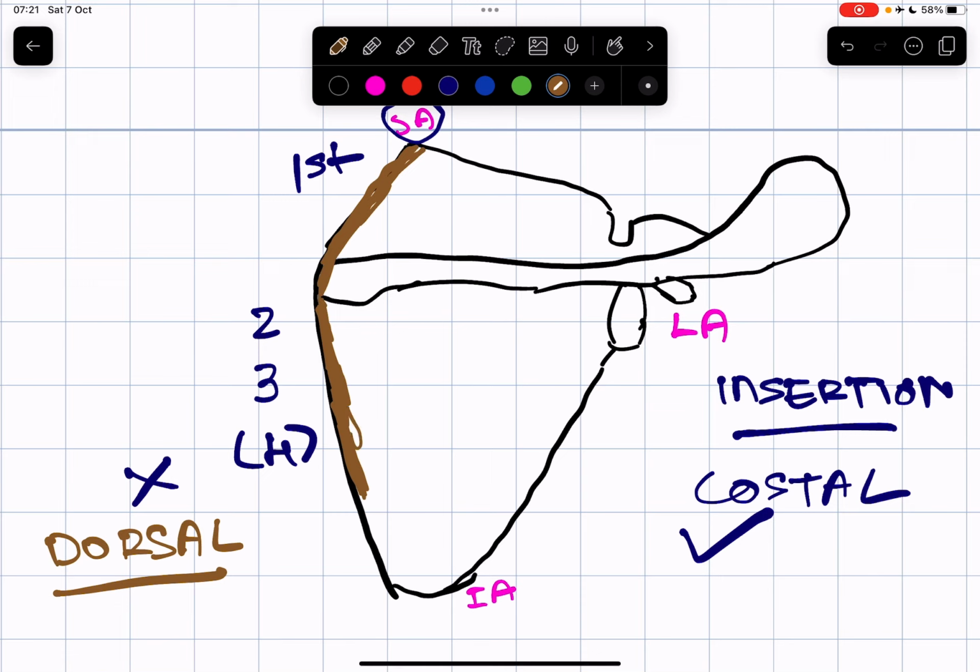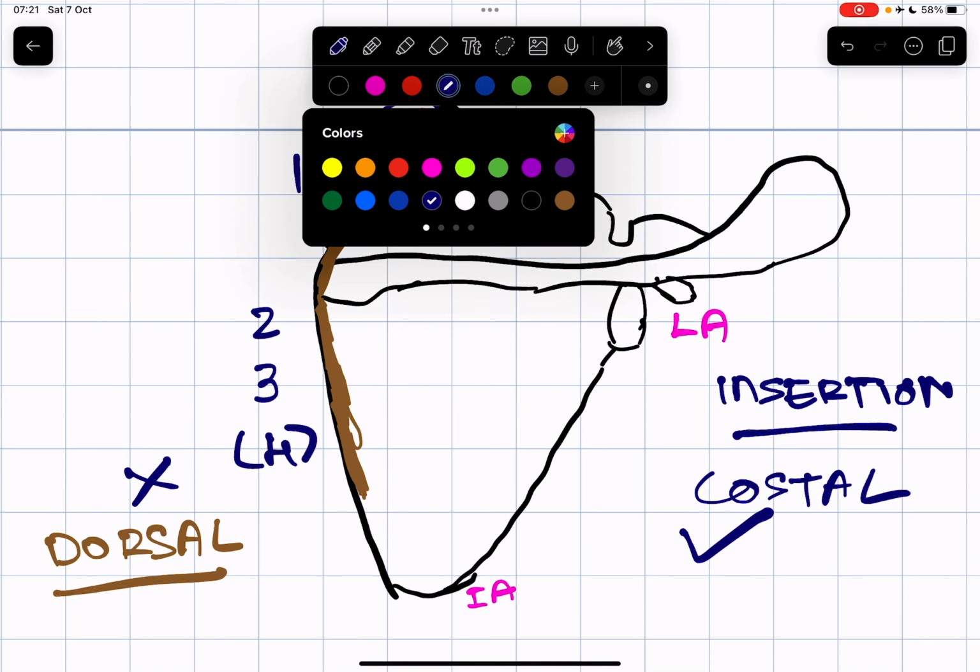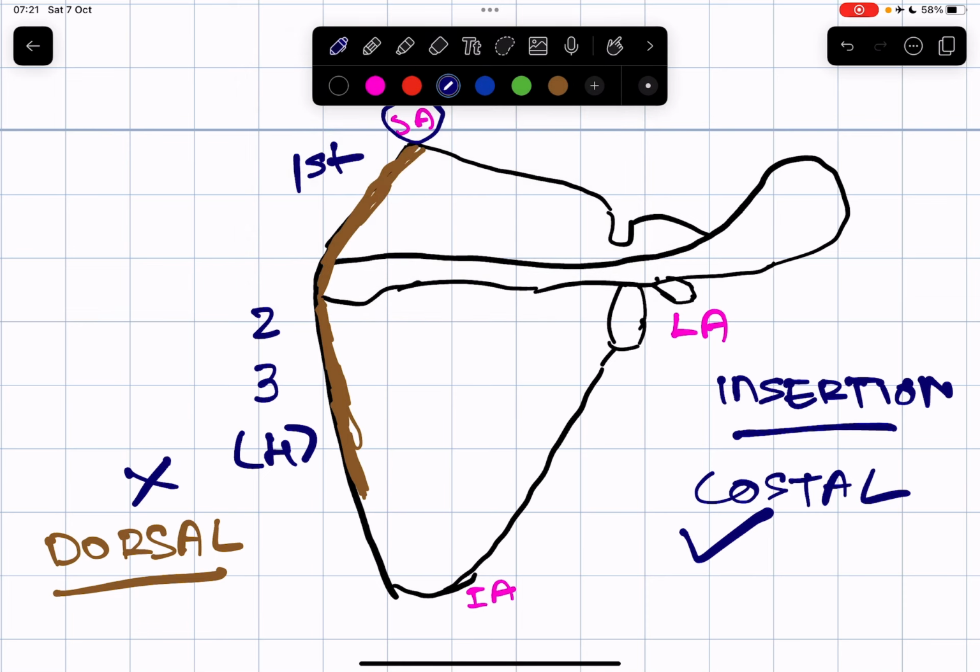Now the last 4 digitations, that is the fourth one if it is not inserted here, 5, 6, 7, 8, they all converge to a large triangular impression close to the inferior angle of the scapula. So along a triangular area, this is the insertion of the serratus anterior muscle.